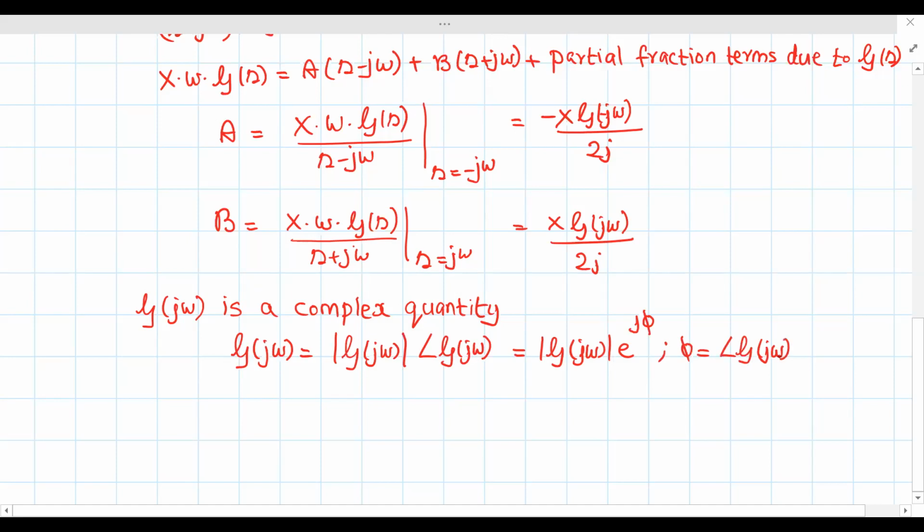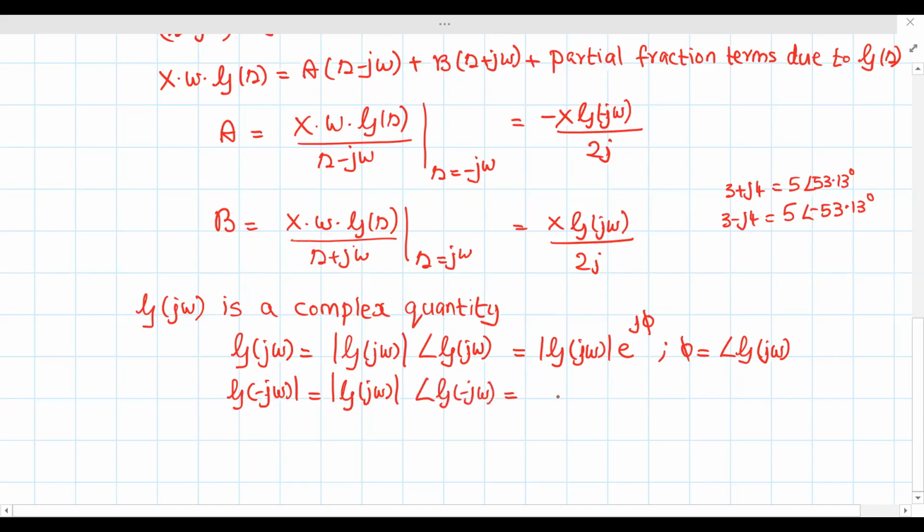Similarly, what will be g of minus j omega? Keep in mind 3 plus j4: what's the magnitude? 5. What's the angle? 53.13 degrees. Similarly, 3 minus j4: the magnitude remains the same at 5, and the angle will be minus 53.13 degrees. So here the magnitude remains the same as mod g of j omega, and we take the angle of g of minus j omega.